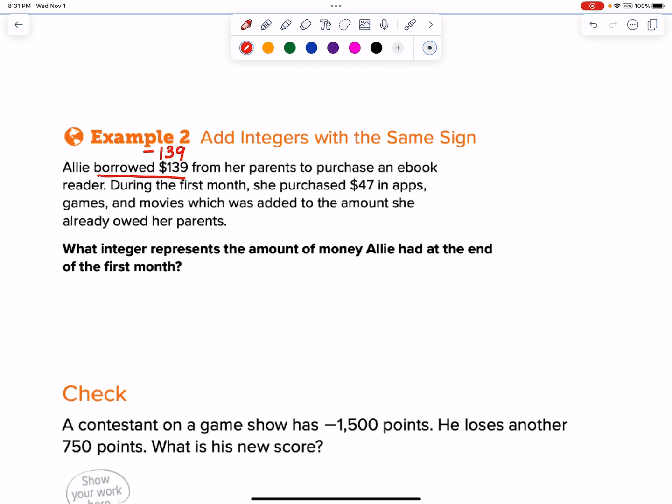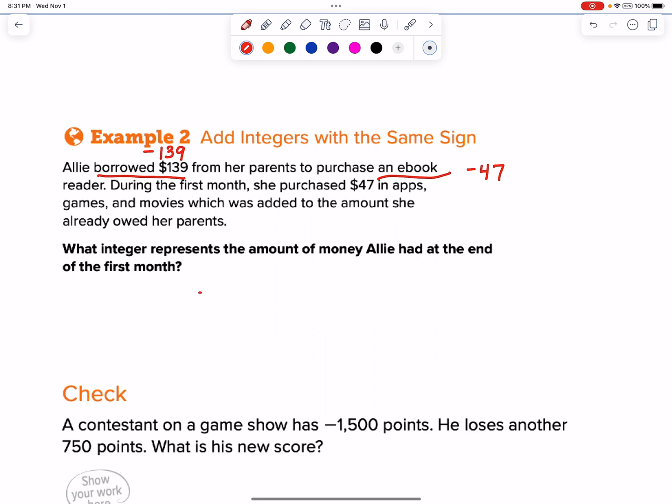And then she spent more and she purchased $47 in apps. Okay, so she also has a negative 47. Okay, so at this point, we can add those amounts together to show how much she owes her parents or how much debt she has, okay, at the end.